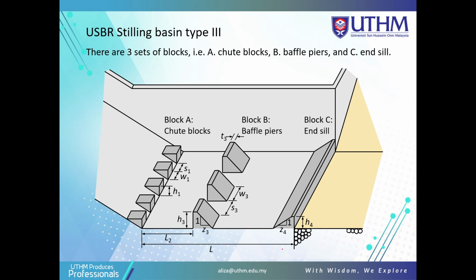They have L here, the length from block A to block C, and L2 is from block A to block B. H3 is the height of block B, and T3 is the thickness here. W1 is the width, S1 is the distance between the block A's, and H1 is the height here. S3 is the distance between the block B's, and W3 is the width of block B.